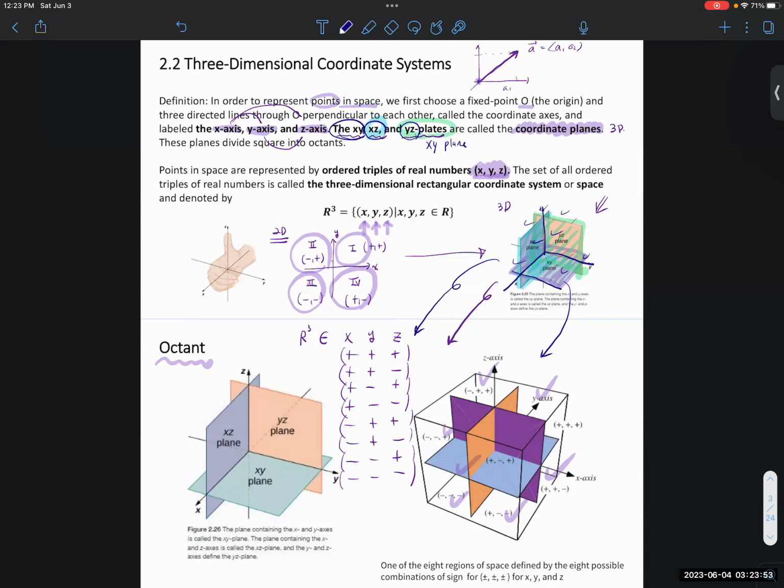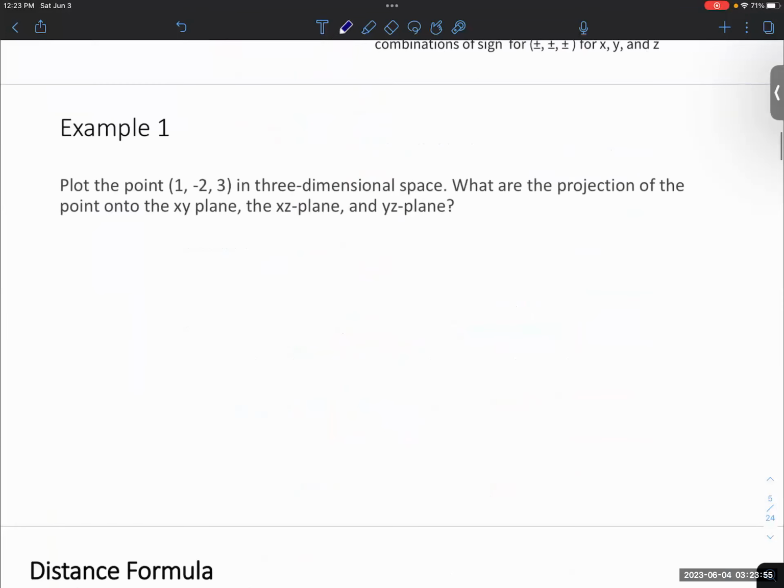So let me go down slowly. I want to really point out, you want to see visually how to plot the point 1, -2, 3. We know that 1 is from the x-axis, -2 from the y-axis, 3 from the z-axis, so this is definitely in 3-dimensional space. How do I imagine the location?